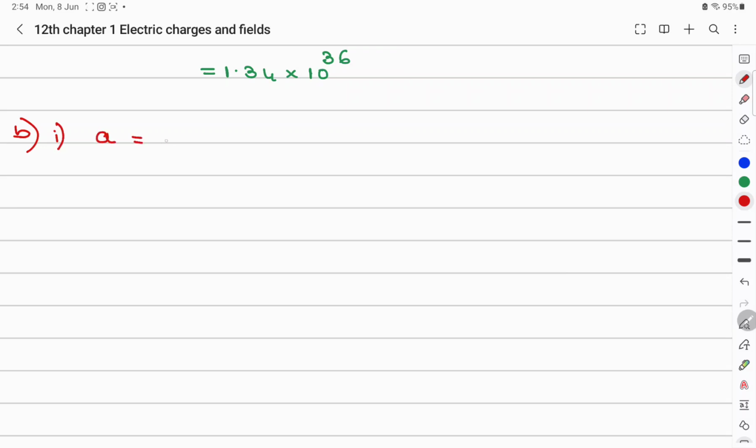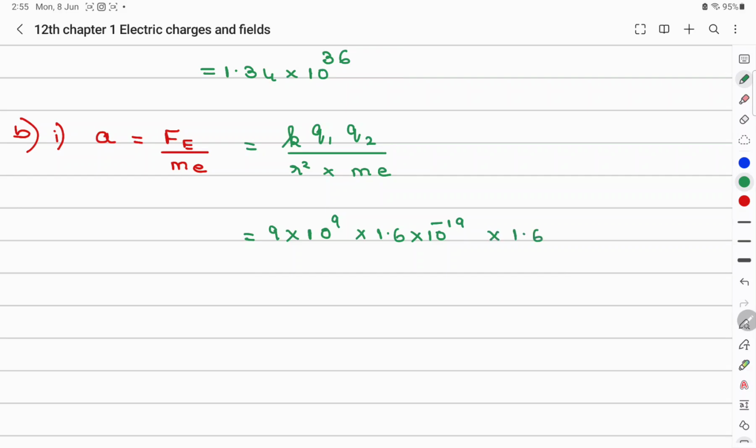So for acceleration, a is equal to electrostatic force by mass of the electron, which is equal to K Q1 Q2 by r square into mass of the electron, which is equal to 9 into 10 to the power of 9 into 1.6 into 10 to the power of minus 19 into 1.6 into 10 to the power of minus 19 by (10 to the power of minus 10) square into the mass of the electron 9.1 into 10 to the power of minus 31.